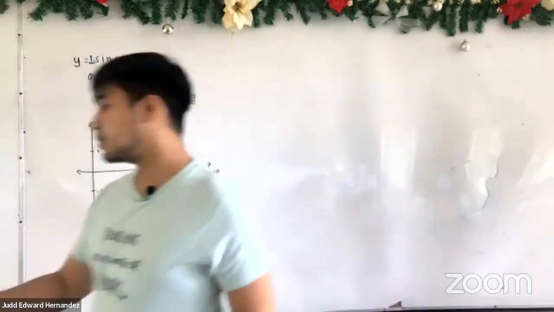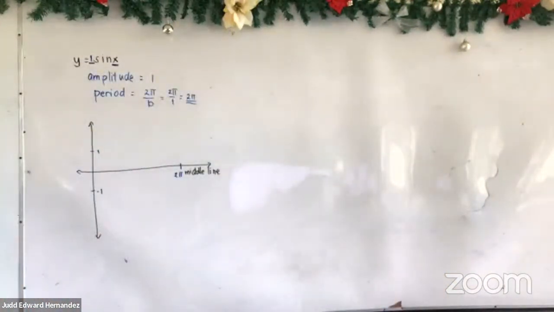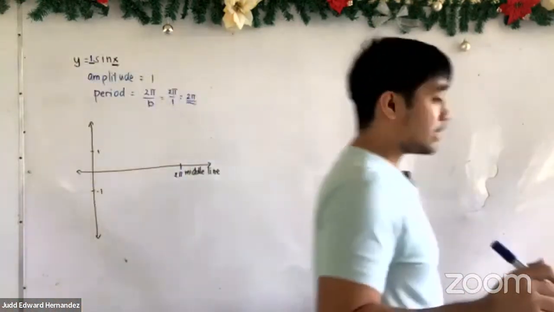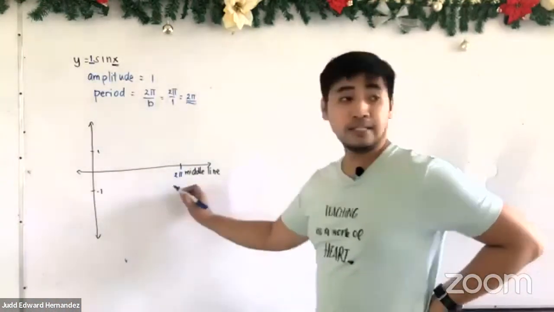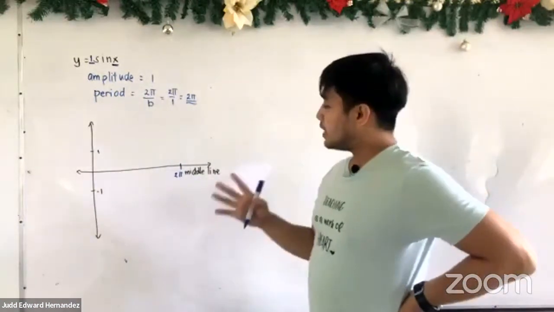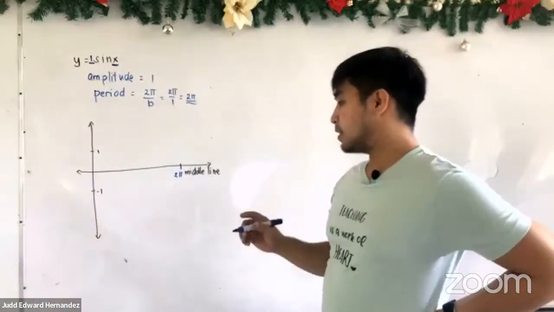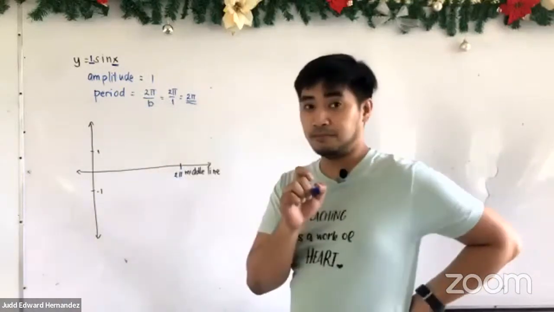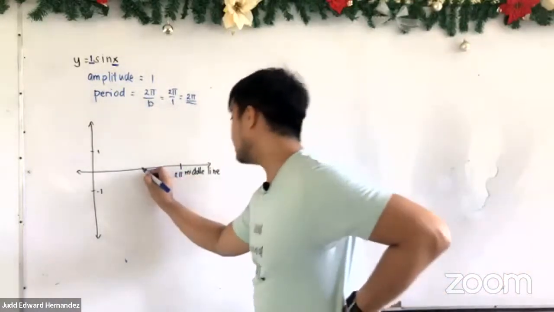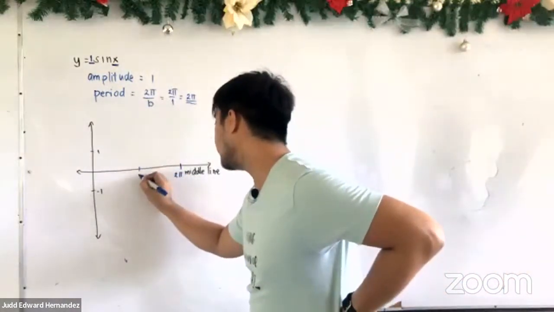Okay. So ano pong sabi sa atin? Hatiin daw po natin siya into 4 equal parts. Okay, this is 2 pi. Pag hahatiin natin siya into 4 equal parts, hatiin ko muna siya ng dalawa. Okay lang ba? So pag hinati ko siya, sa kalahati, this is pi.